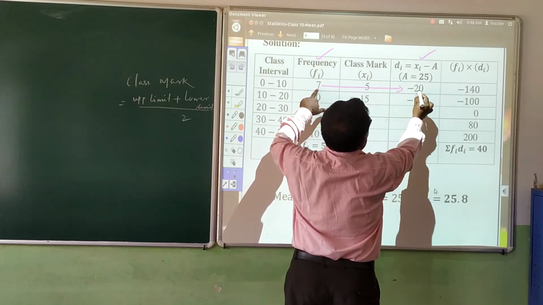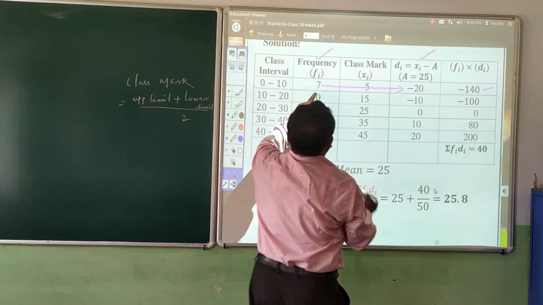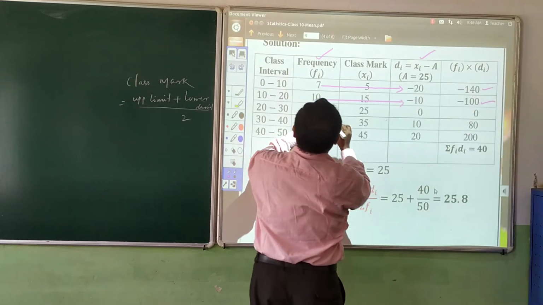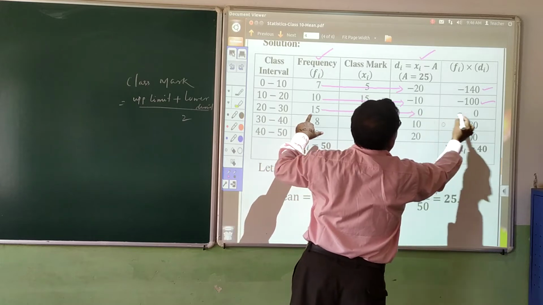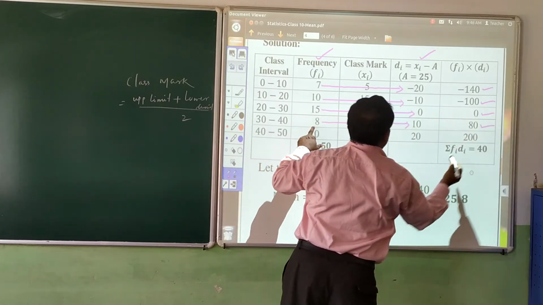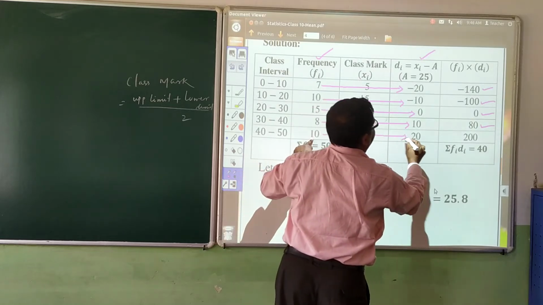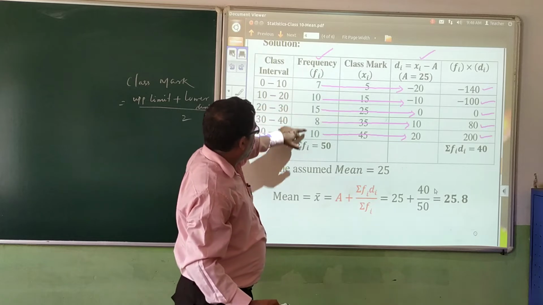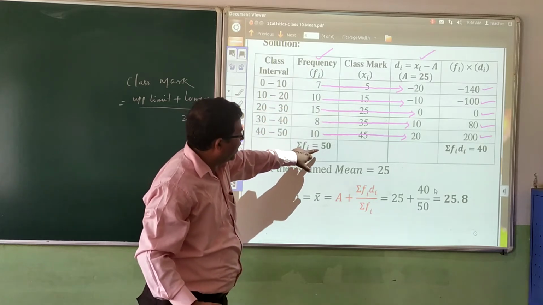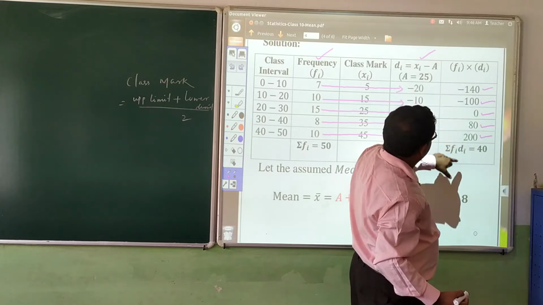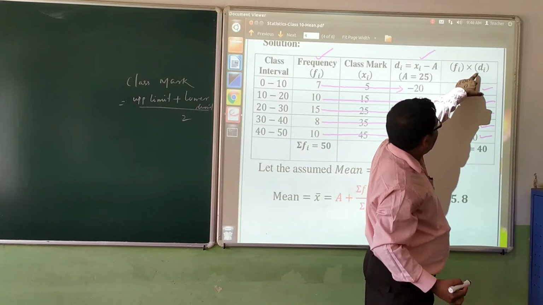Then 7 into minus 20, minus 140, 10 into minus 10, minus 100, 15 into 0 equal to 0, 8 into 10 equal to 80, 10 into 20 equal to 200. Now the sum of all frequencies, sigma fi, equal to 50. Now here you have to find the sum of all fi di.